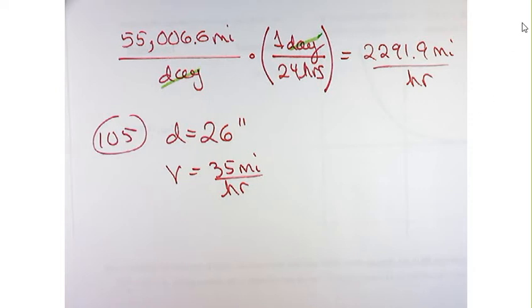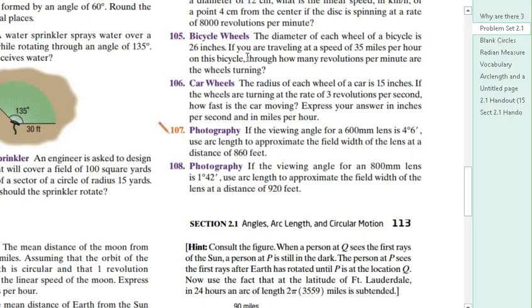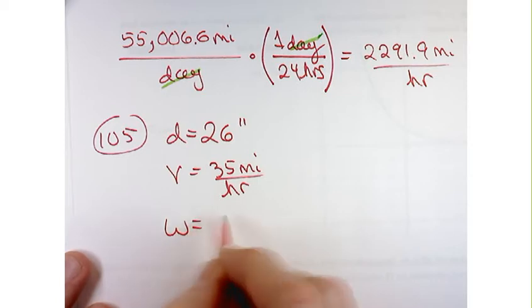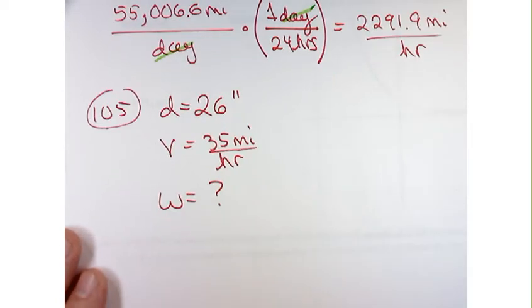So the question is, well, how fast are the wheels rotating? All right. It says, through how many revolutions per minute are the wheels turning? Okay. Well, the good news is that we don't have to go very far to get at least a beginning of an answer. Omega is the only thing in this formula we don't know. Of course, we can only solve for one unknown.